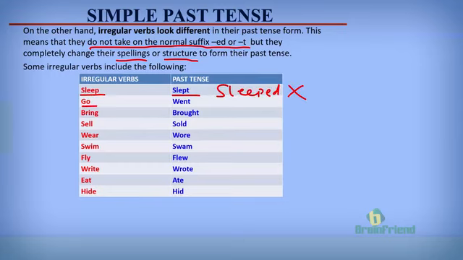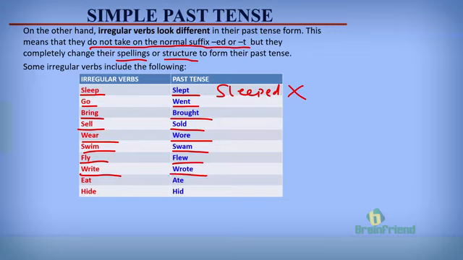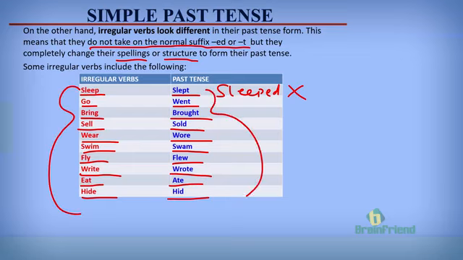The verb go is went in past tense, bring is brought, sell, sold, wear, wore, swim, swam, fly, flew, write, wrote, eat, ate, and hide, hid. So we find here that instead of taking on the suffix ed or t, these verbs change their spellings entirely when they are written in past tense.